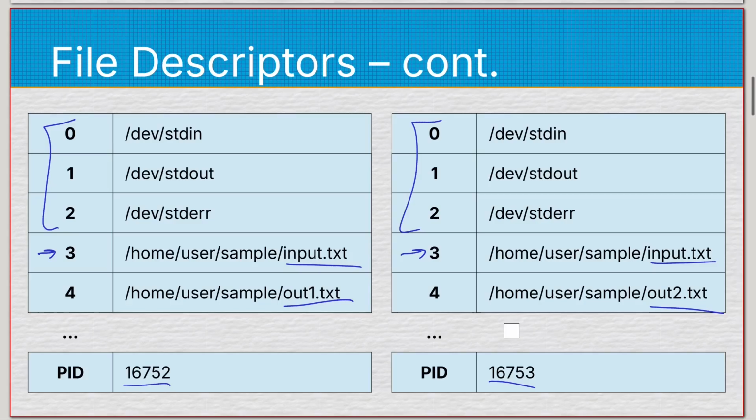If I try to do anything with out1.txt with the process on the right-hand side, I wouldn't be able to, because I haven't identified it yet, essentially. I don't have access to this file using this process. Same way, if I try to do anything with out2.txt using the left process, I wouldn't be able to either. I'd have to manually open that file before I have access to do anything with it.